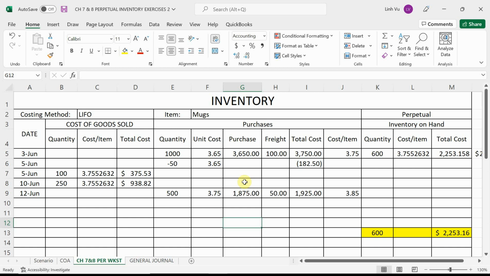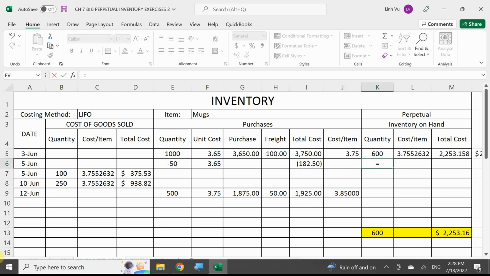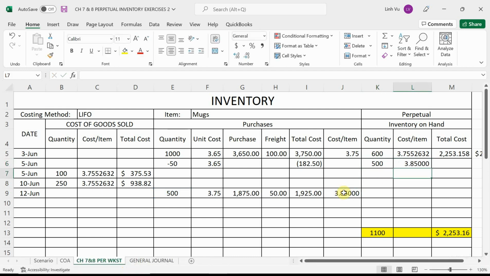So good, right? We get a total of $9.25, and I get $3.85. Is that even? Let's see. Yes, it is. So that means we're gonna enter this into my inventory on hand, right? That I have 500 units, right, at $3.85 each, and that's gonna give me my total cost of the 1925.